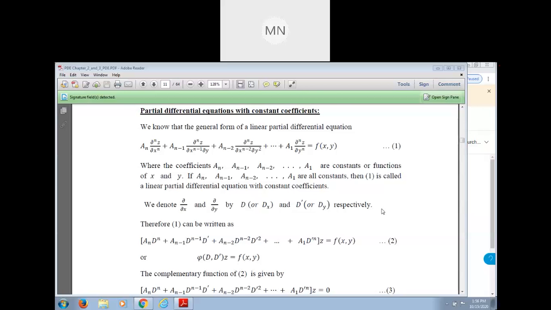What is the form of a first order PDE? How can it be defined?